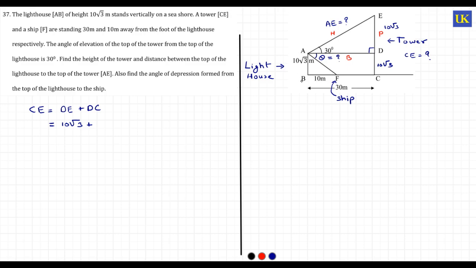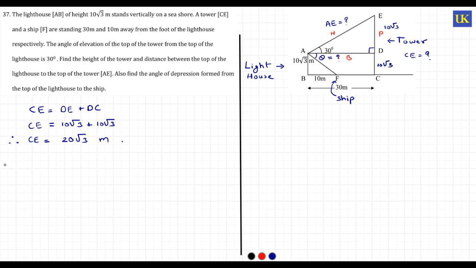In the question they have given this is 10 root 3, so DC should also be 10 root 3. Now add both these things. So 10 plus 10 is 20 root 3 meter. So CE is another thing which they had asked us to find out, and we have found that.